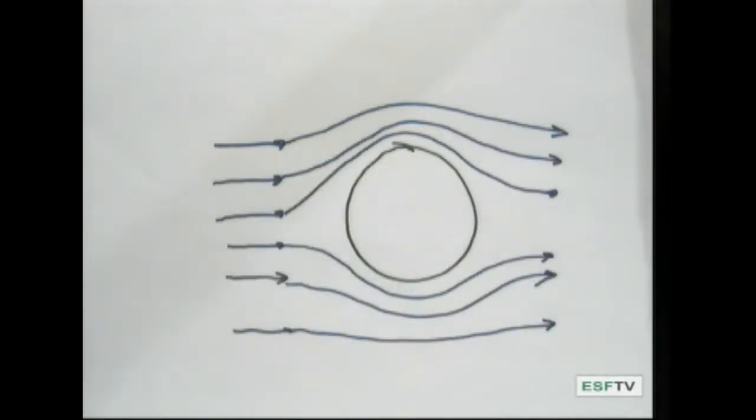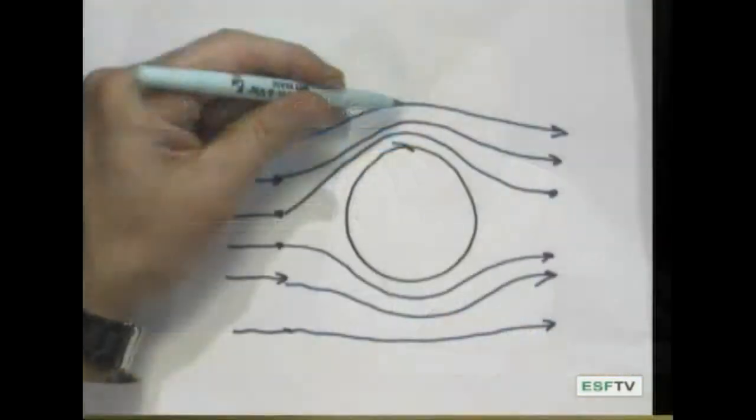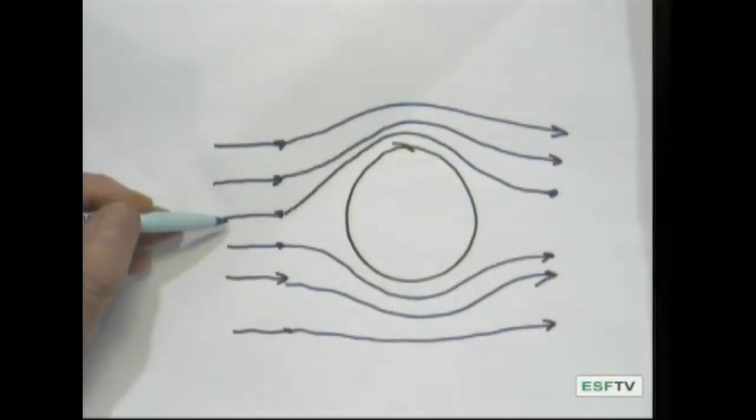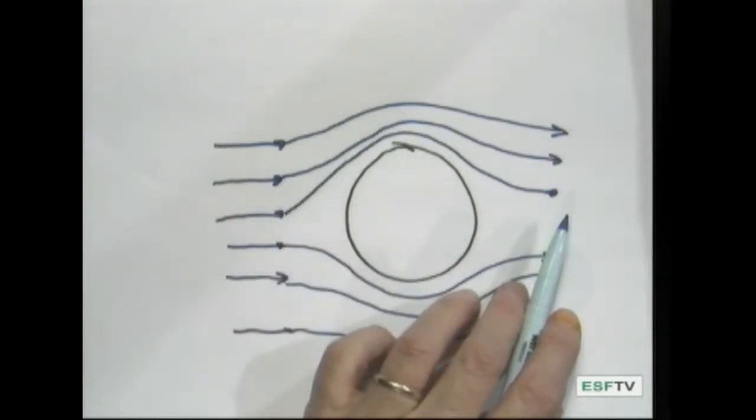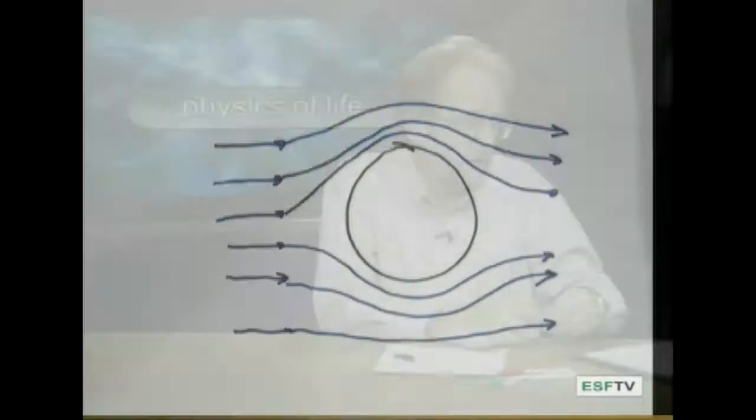What's happening when these streamlines are compressed at the lateral edge of the object is you're getting an acceleration of that fluid. That fluid is now going faster here than it was before it encountered the object, and it's going faster here than it is down here when the fluid has flowed past the object.